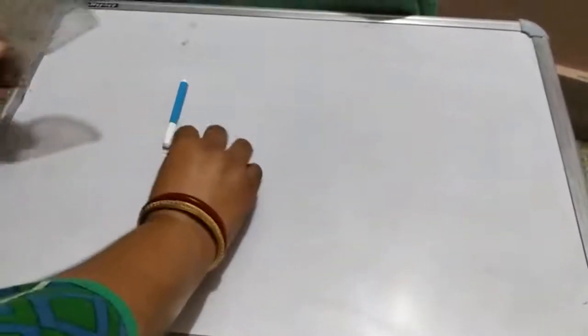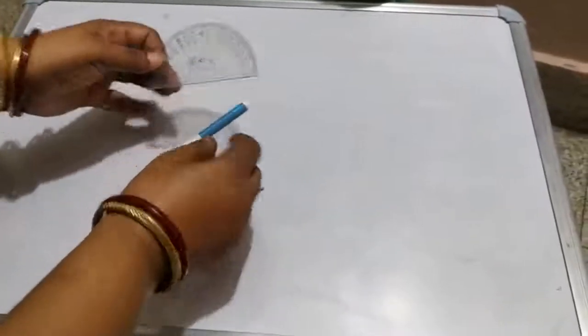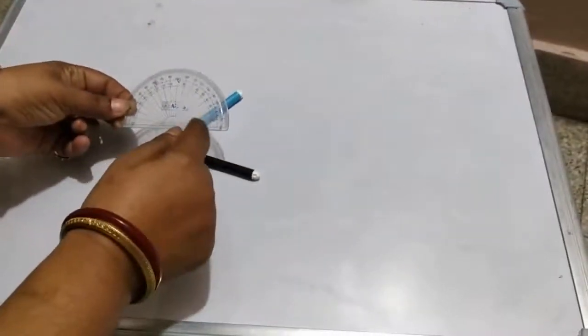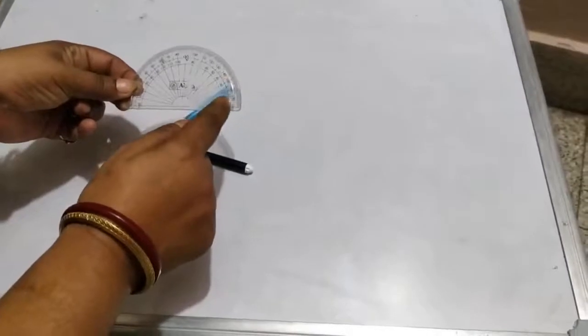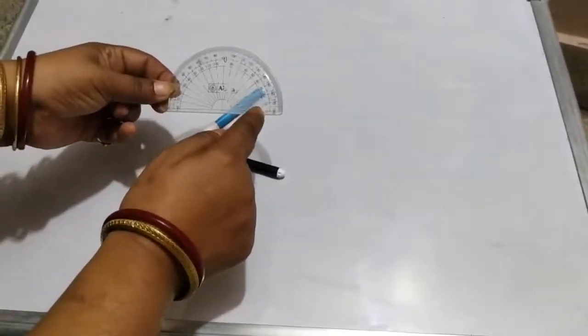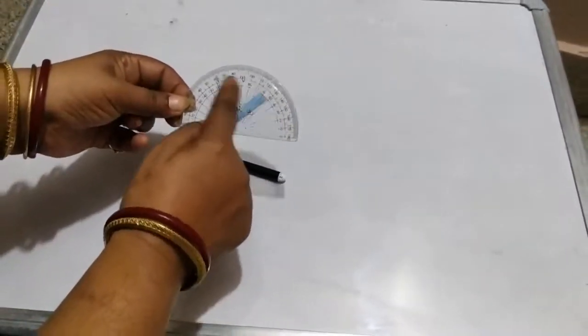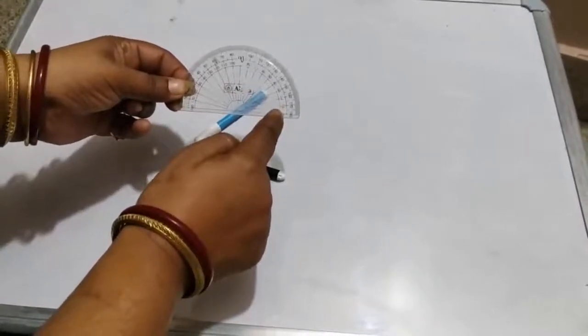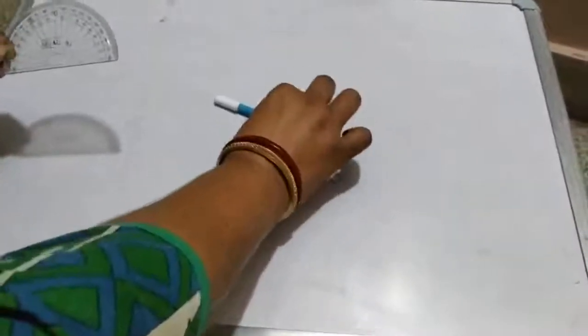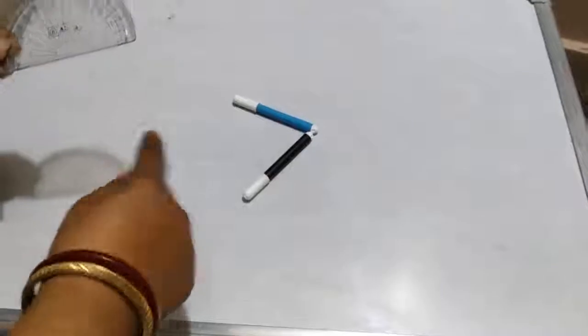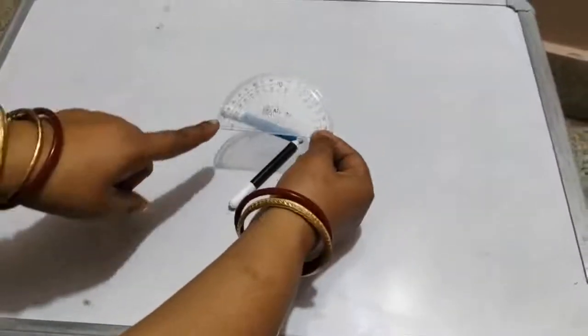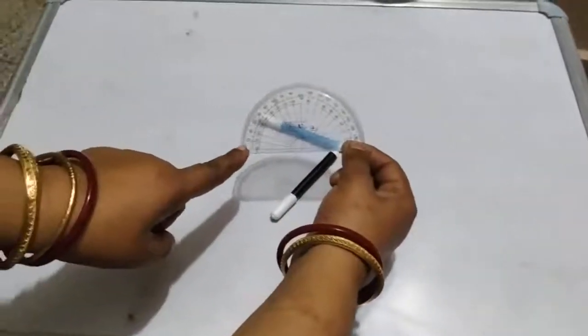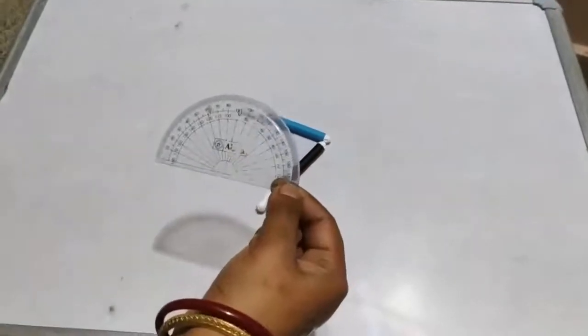So here, see whether this angle is facing towards the right side. Then we use the scale which starts from 0 to 180 from the right side, and when the mouth of the angle is opening towards the left side, then we will measure from 0 to 180 on the other scale.